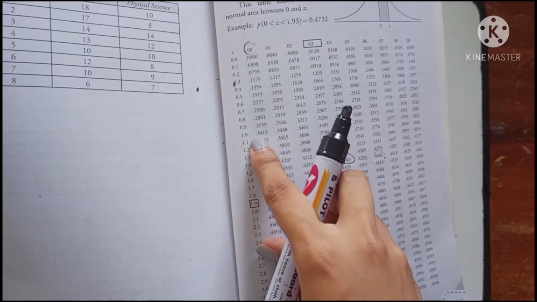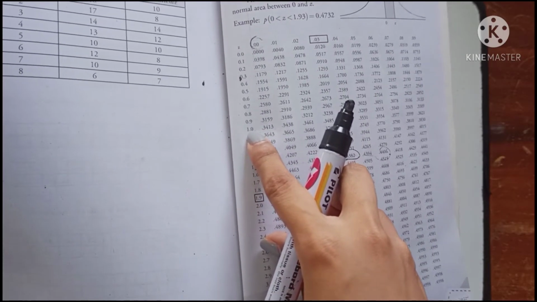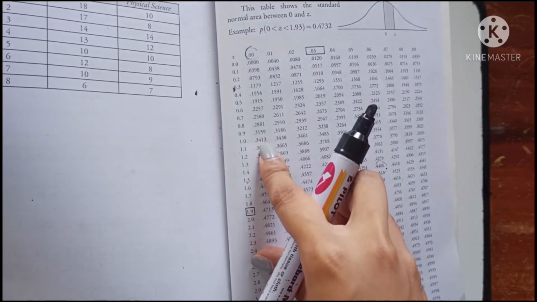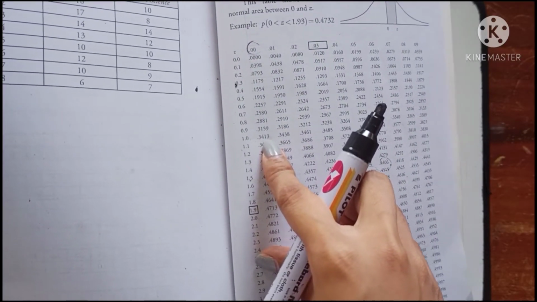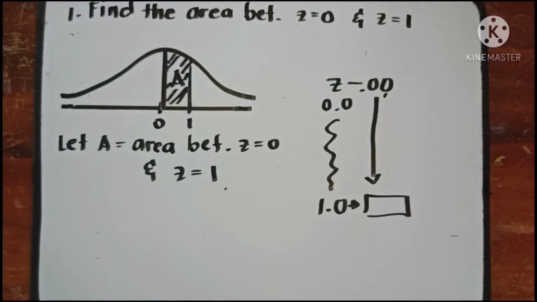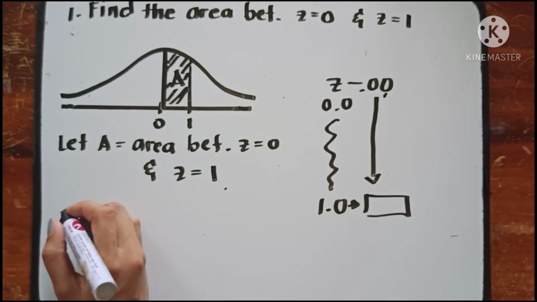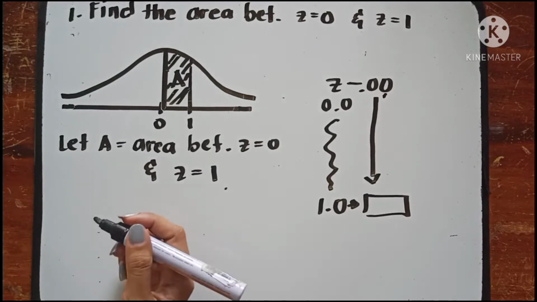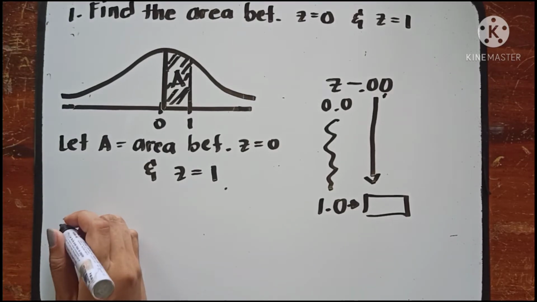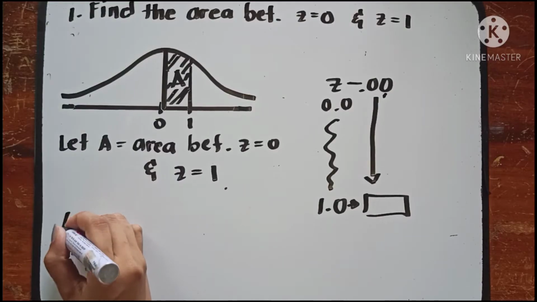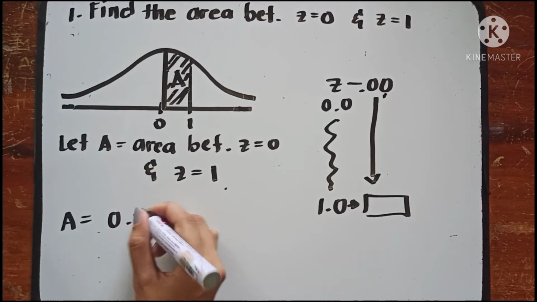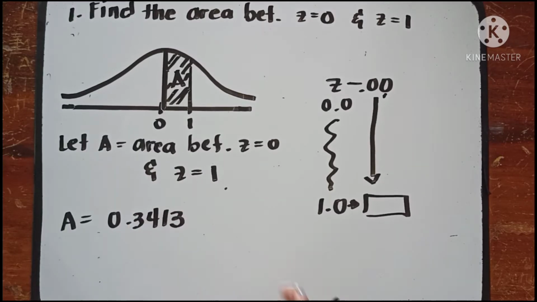So, bakit po 0.3413? Ang hinahanap natin is z is equal to 1. And that is 1.00. Saan nag-intersect? That is 0.3413. Okay? So, from the table, the area, ang A natin is equal to 0.3413.